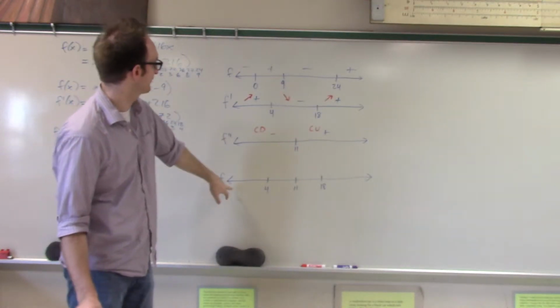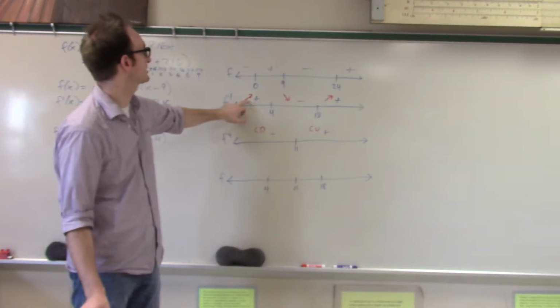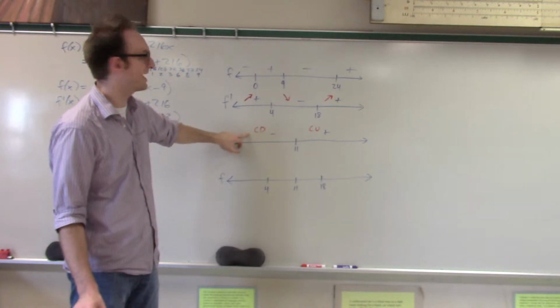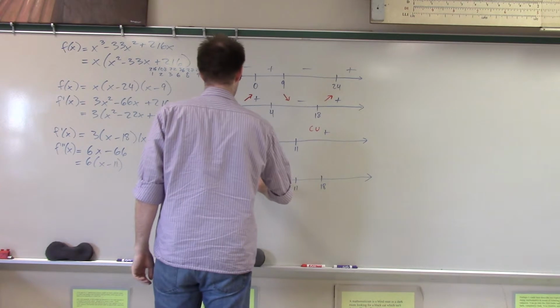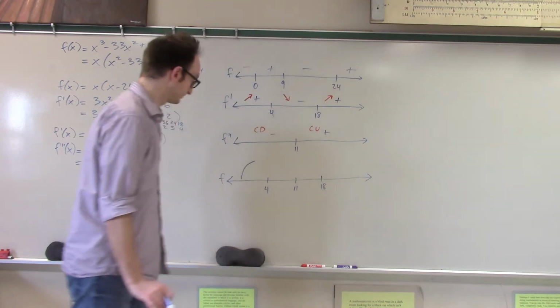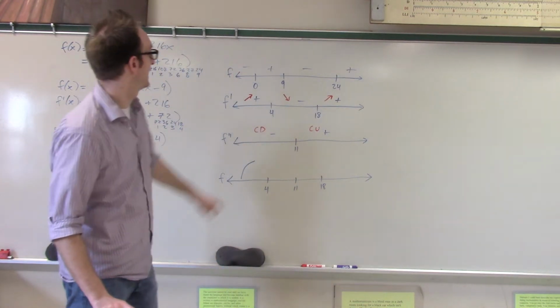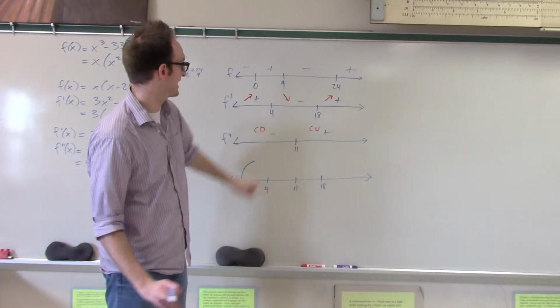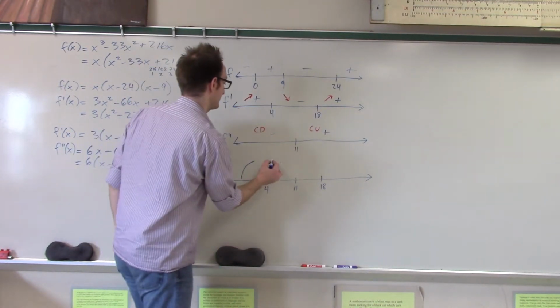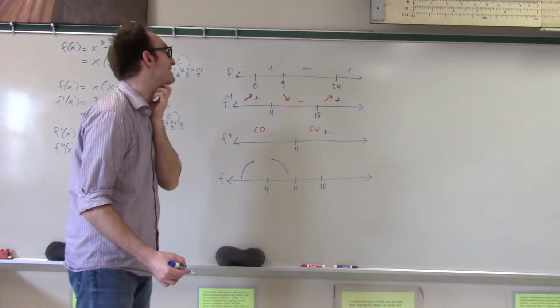For example, on the interval from negative infinity to 4, my function is going to be increasing and concave down. Well, what does an increasing concave down function look like? It looks like this. Between 4 and 11, my function is decreasing and concave down. What does a decreasing concave down function look like? It looks like that.